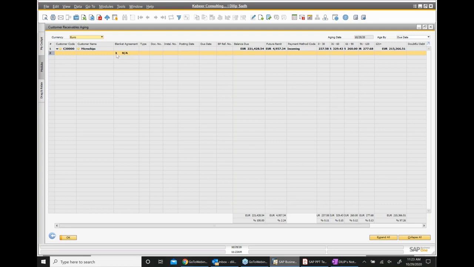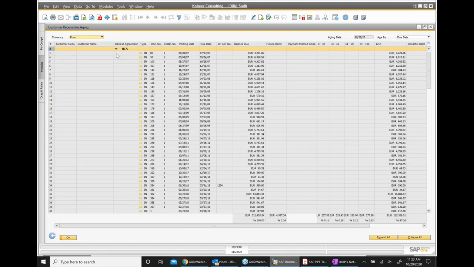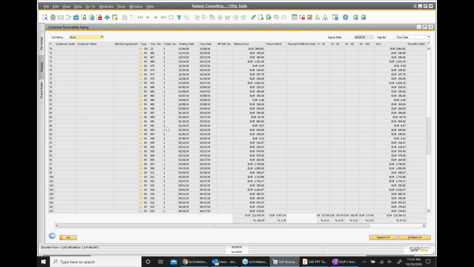If I go back, and here you will get each individual invoice. These are each of the invoices. So these are all invoices we have done with this customer in this year. This was a general entry which we did. These are different postings we have done.